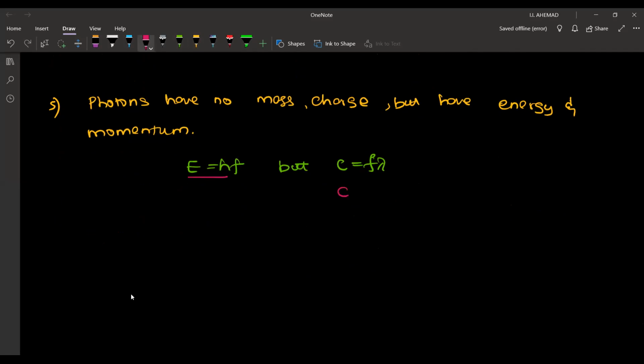So frequency f is equal to c over lambda. So replace f with c over lambda, then we also have another equation for energy of a photon in terms of wavelength.